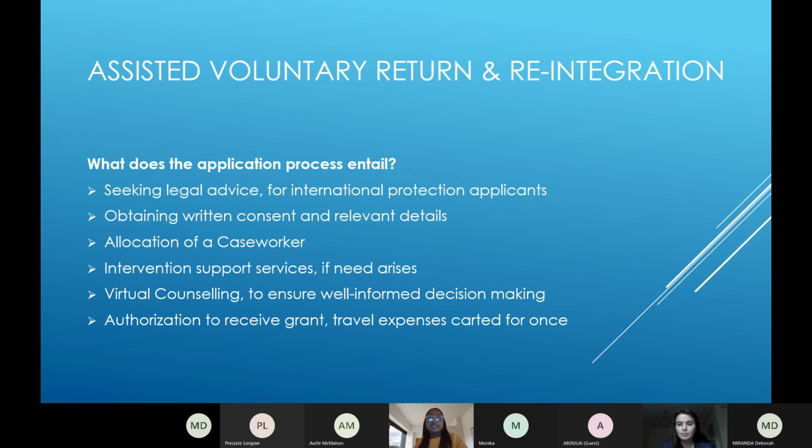And your travel expenses will be catered for once the application is granted, and the travel expenses will actually be the travel ticket.